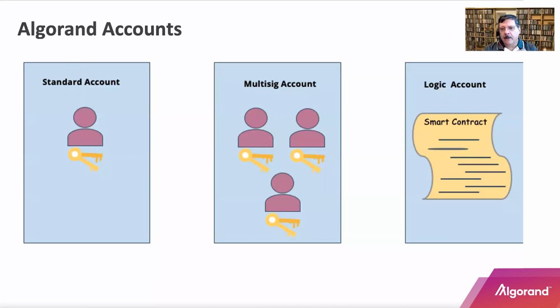Or you decide whatever is applicable for the application you're building, that would be the threshold needed for a sign off on sending funds. And then also have a logic sig, which is basically a smart contract. If it returns true, it'll go ahead and sign it and send it, and if it's false, it won't. So very, very simple in terms of the type of accounts, but you should know there are those 3 types.